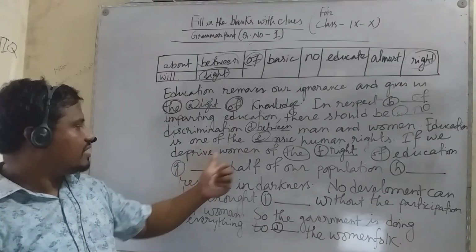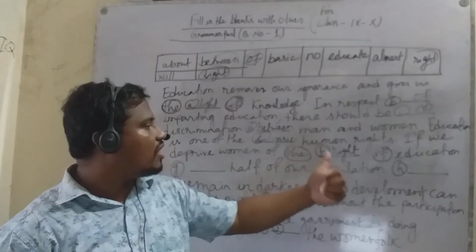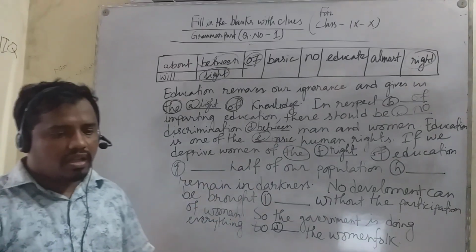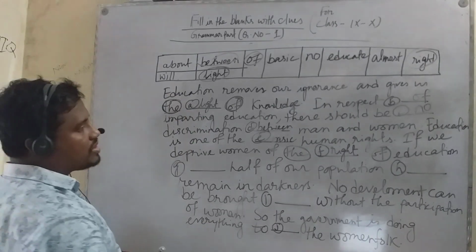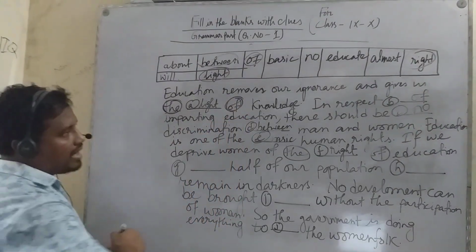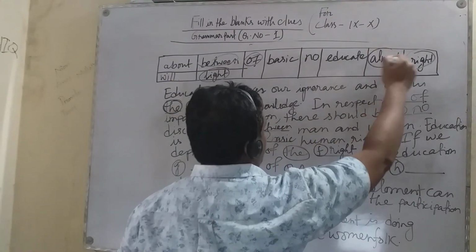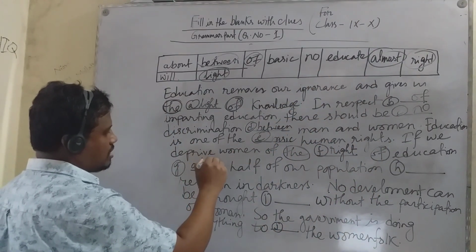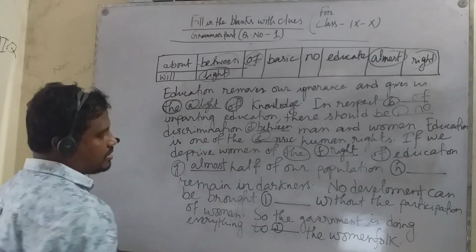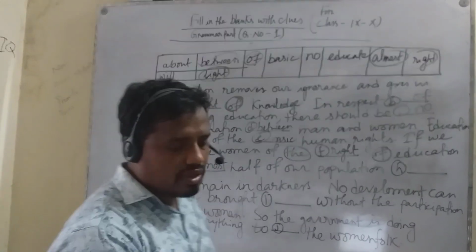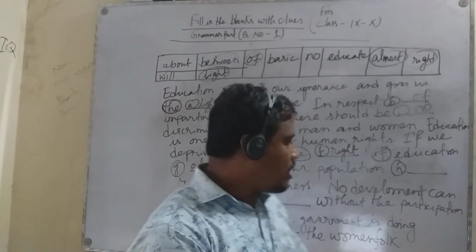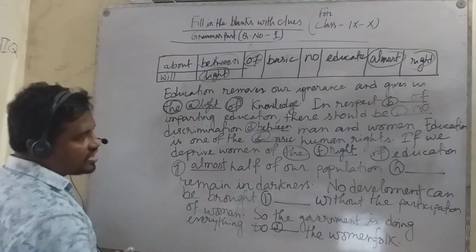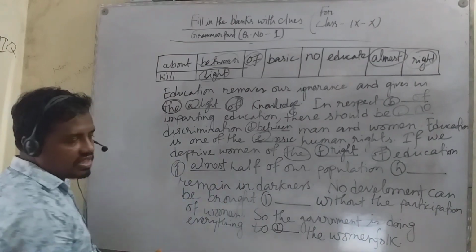Again there is a gap. If we deprive women of the right of education, dash half of our population. Almost. You have to use an adverb here. Almost half of our population, adverb of quantity. Dash remain in darkness.